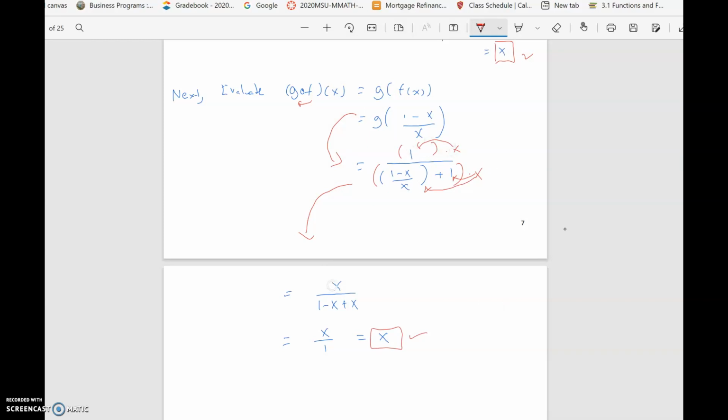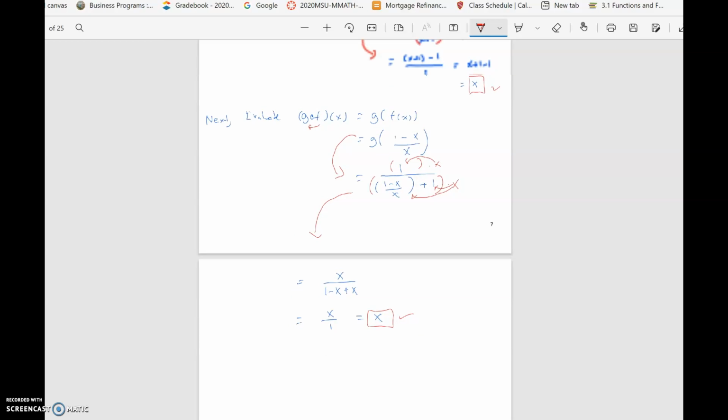Multiplying the x times the top gives you this x. The 1 minus x over x cancels the x, giving you 1 minus x plus x. The x's cancel, you end up with a 1, and in this case we end up with a single x.